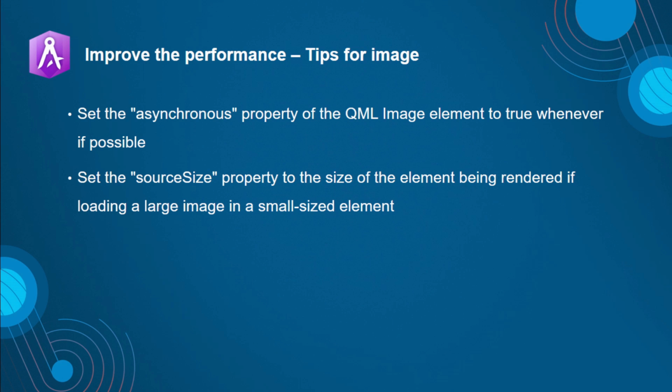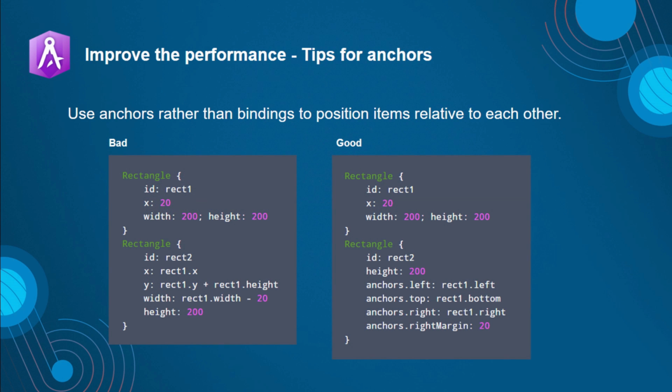So the second tip is for anchors. Qt has some optimization if you use anchors instead of setting a fixed position for the component. As you can see on the left side, there's a rectangle where we set the position based on the first rectangle, using the x and y properties of the first component.